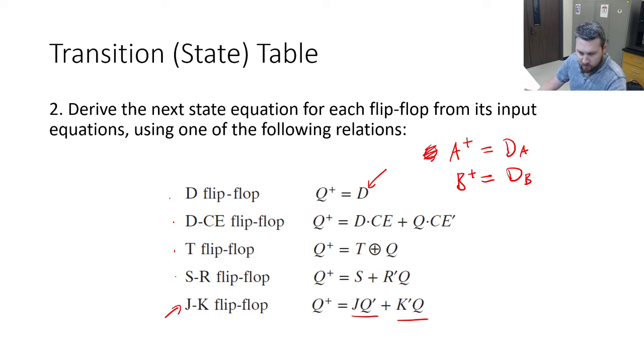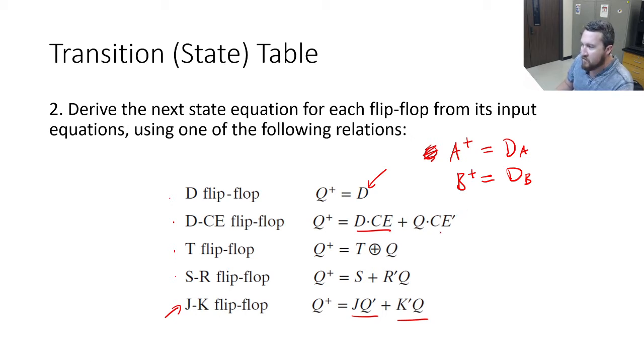Adrian asks, in a D-CE flip-flop, when it is transparent, how would D react and would it resemble Q? Yeah, you can see that in the definition. If CE equals 1, then it's just a transparent regular D flip-flop.